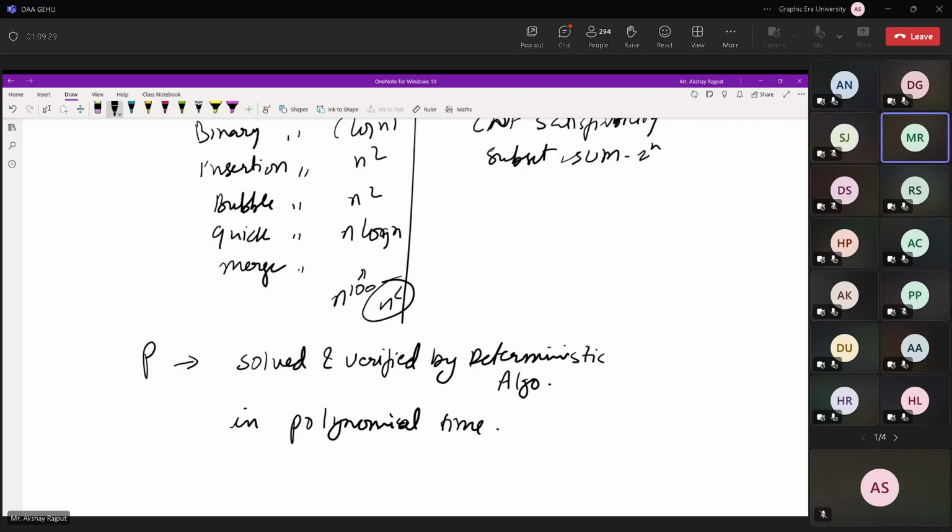So if a problem can be solved and verified, whether the solution is correct or not, by a deterministic algorithm.